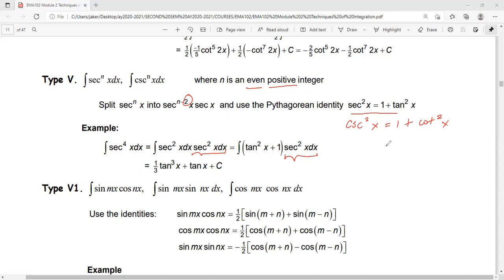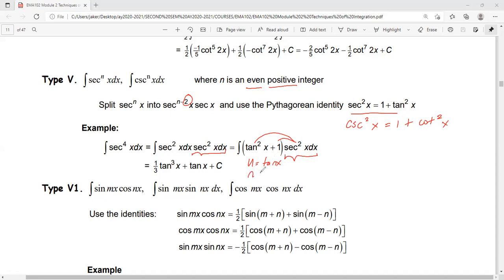So if you will distribute, or if you will multiply the tangent squared of x plus 1 to the secant squared of x dx, it's readily integrable because this tangent squared of x that you have will be processed using the power rule. So you have now tangent squared of x becoming tangent cube of x over 3. Your u in this case is the tangent.